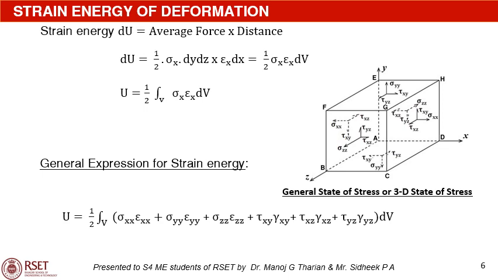In elasticity, the most general state of stress is this three-dimensional state of stress as shown in the figure, where we have all the 6 components of stress.